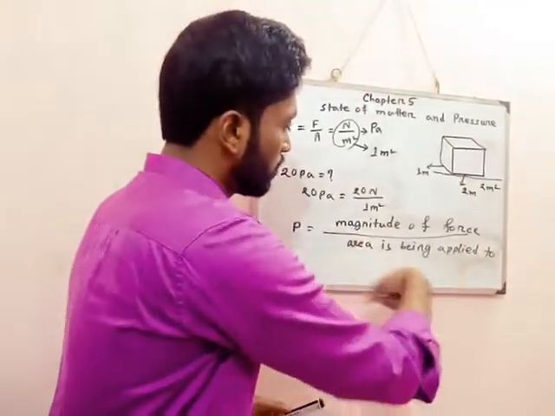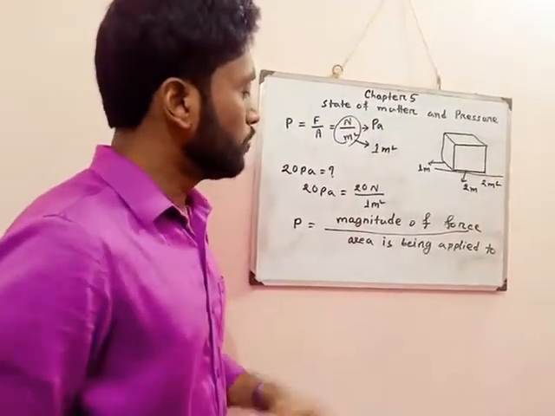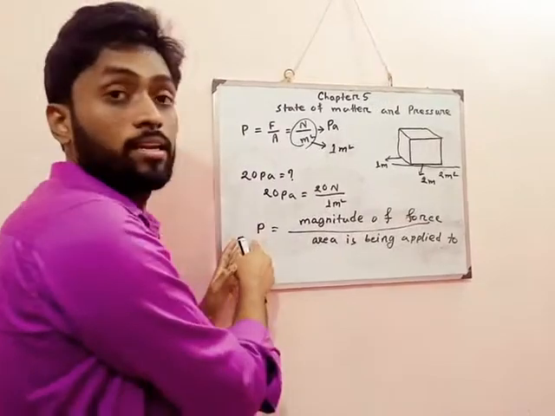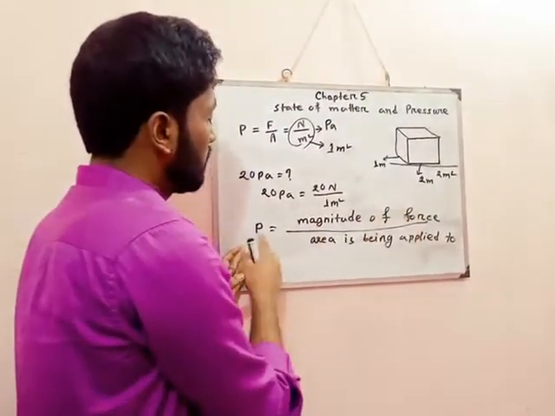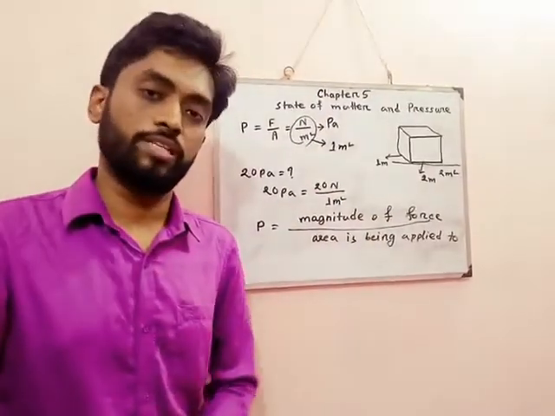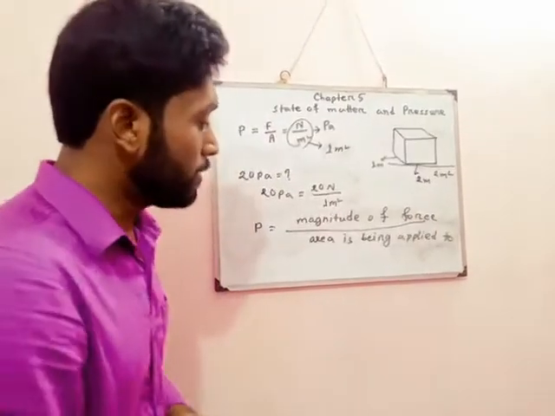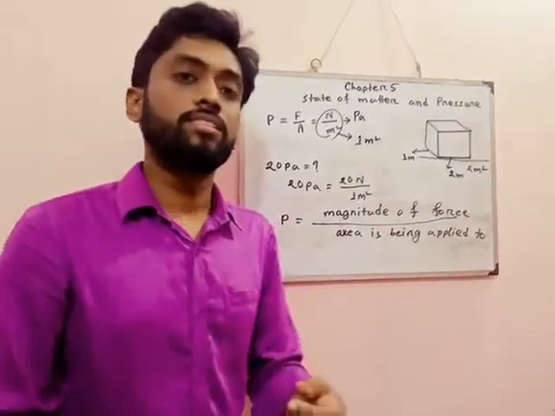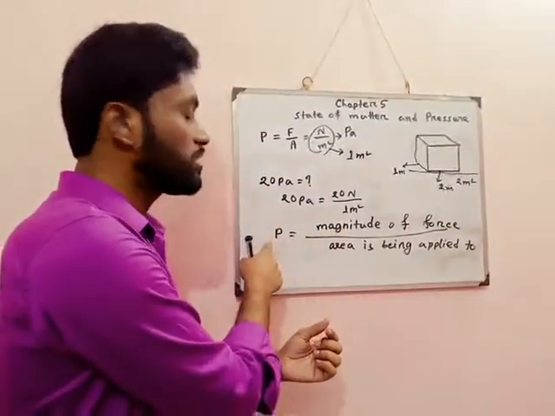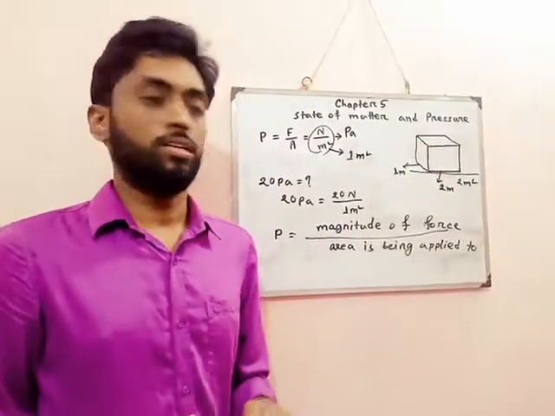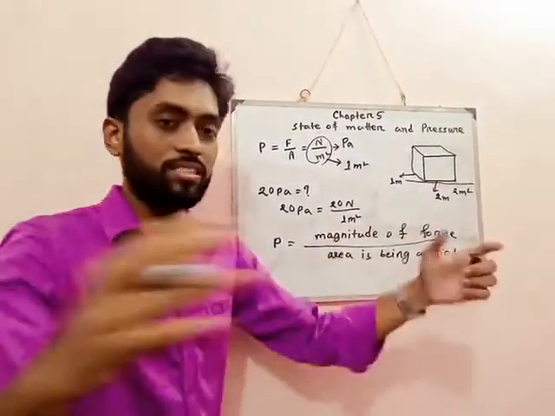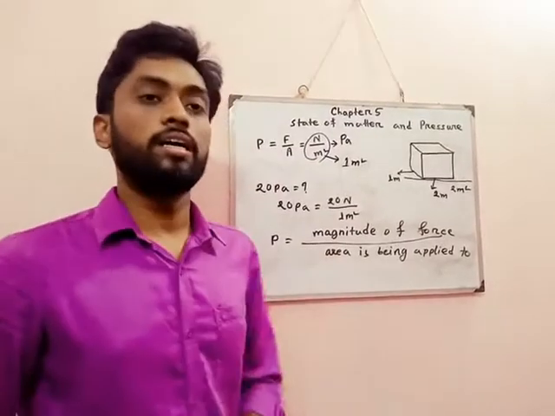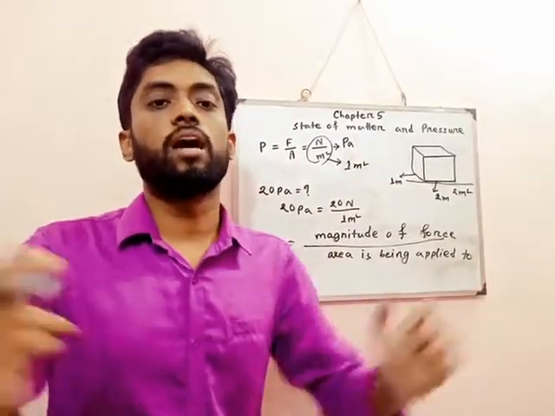From this equation, you can say the same amount of force can exert different levels of pressure. Because if the value of area varies, then the amount of pressure will also vary. If the area is large, then the pressure will be small, but if the area is small, then the pressure will be large.